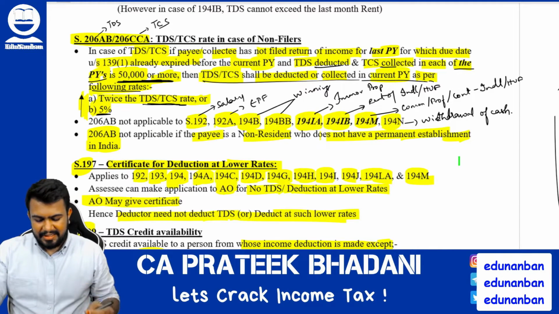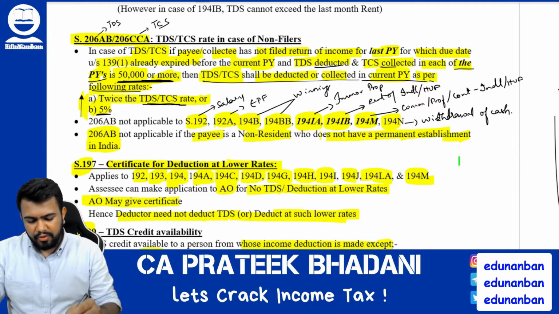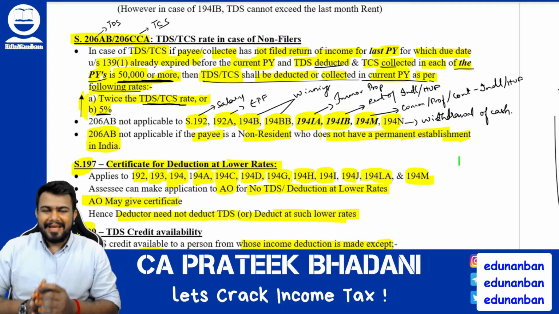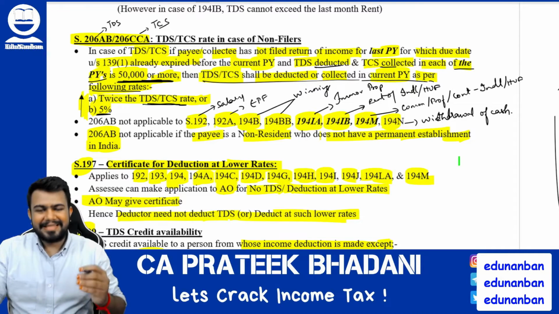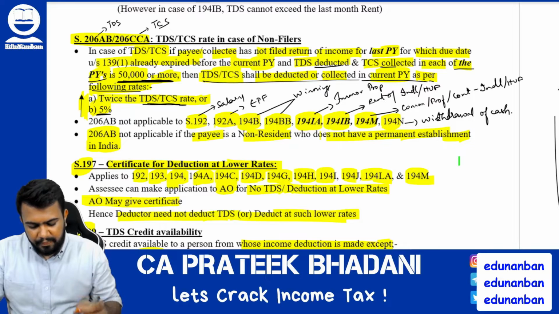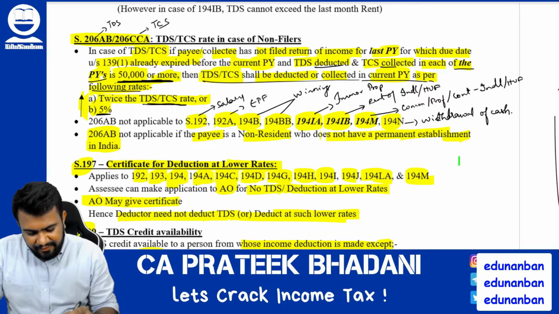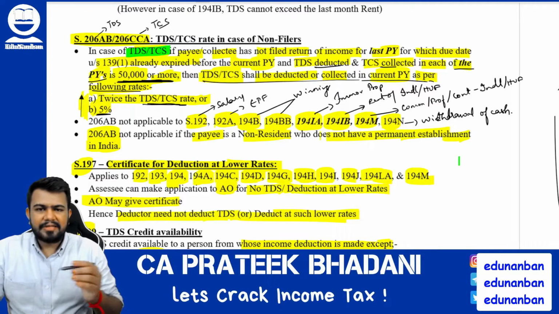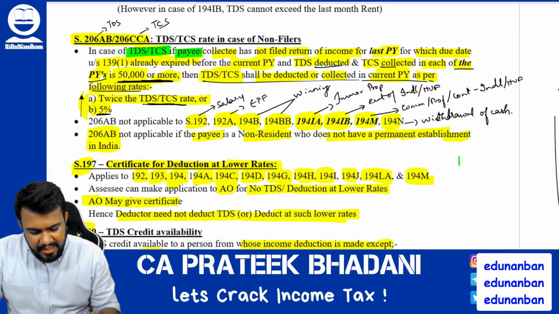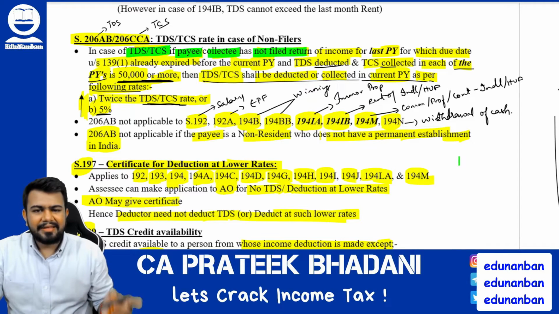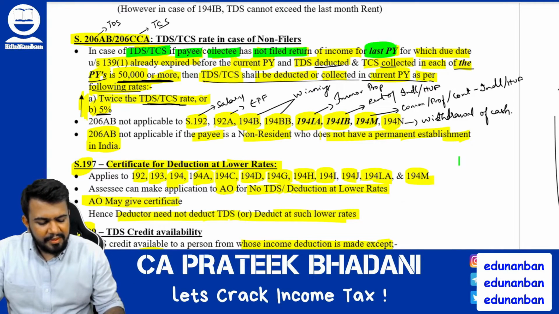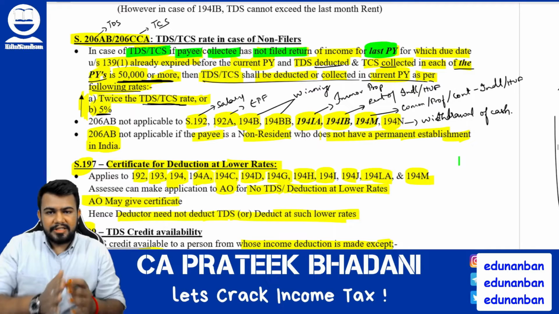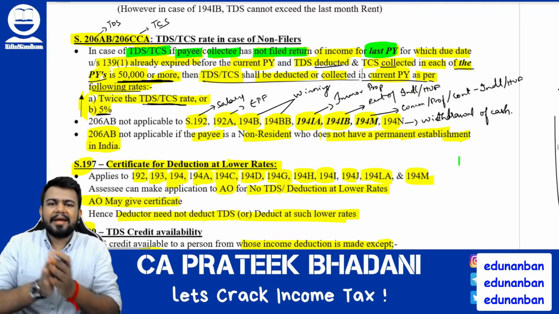Now let us discuss section 206AB and 206CCA. 206AB relates to TDS and 206CCA relates to TCS. So what happens is that in case of TDS or TCS, if the payee or collectee has not filed the income tax return for the last previous year for which the due date is over before the current previous year.